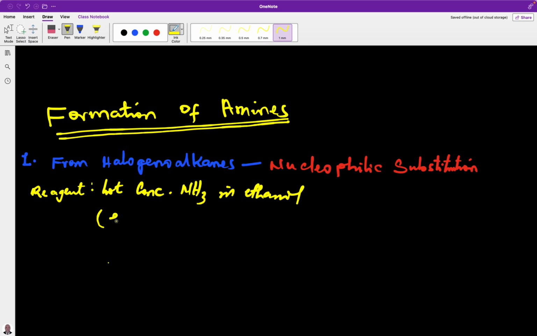Ammonia in ethanol is usually called ethanolic ammonia. And the condition usually used here is reflux. We heat under reflux.